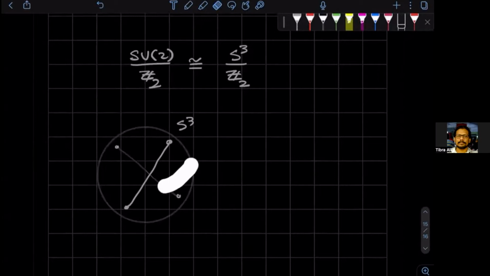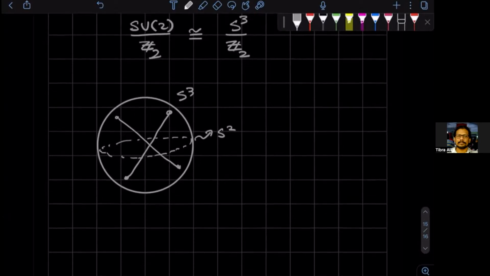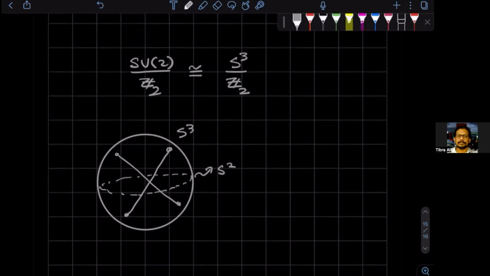Okay. So, and this is the equator, which is an S2. Okay. So this is going to be equal to SO3.